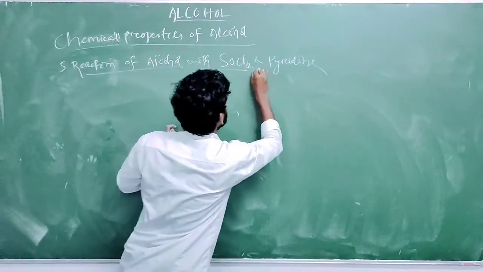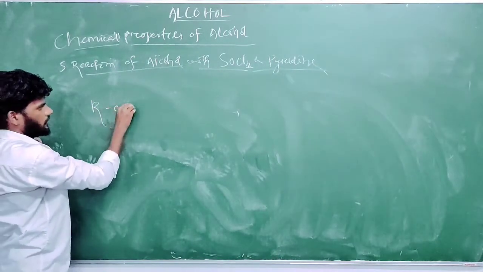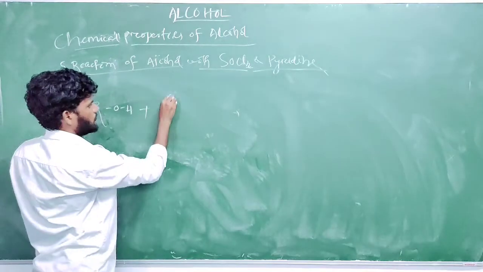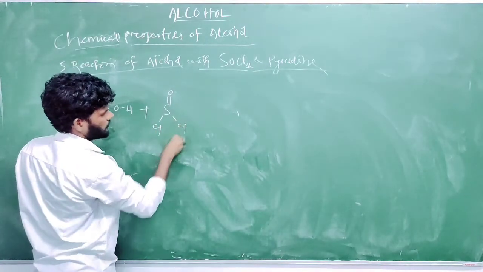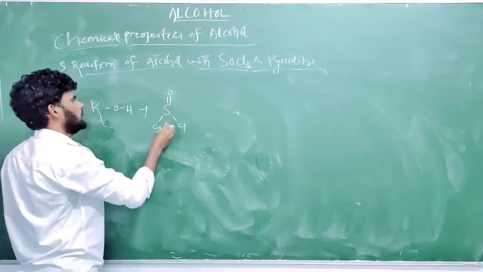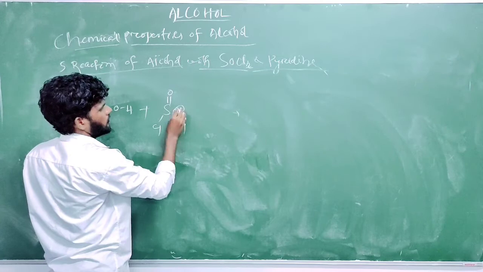Let us suppose a similar alcohol like ROH reacts with this SOCl2. Sulfur here is tetravalent and must have one lone pair of electrons.